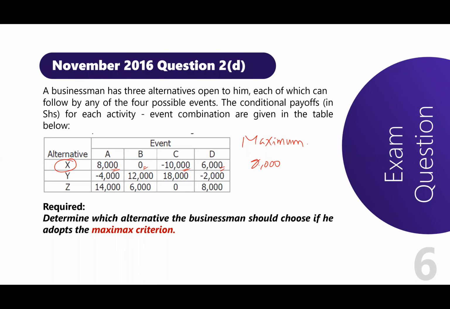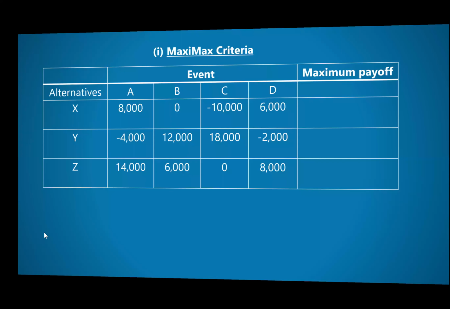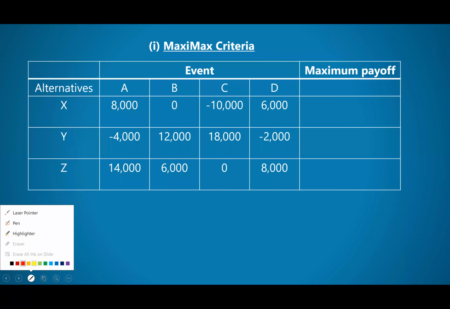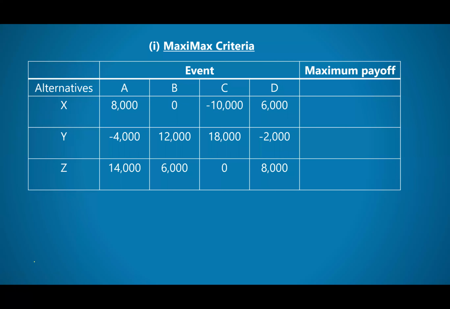So we shall draw our table like this. And here we show the events, alternatives, and then the payoffs. So as I have indicated, for alternative X, the maximum is the 8,000 here. I put it in the column I've created for maximum payoff.